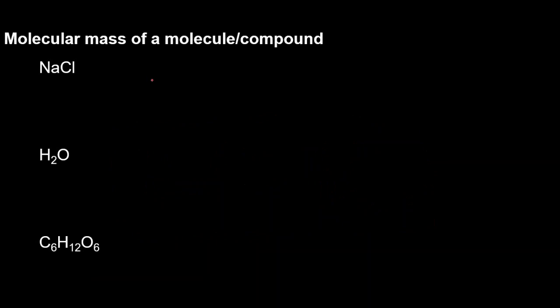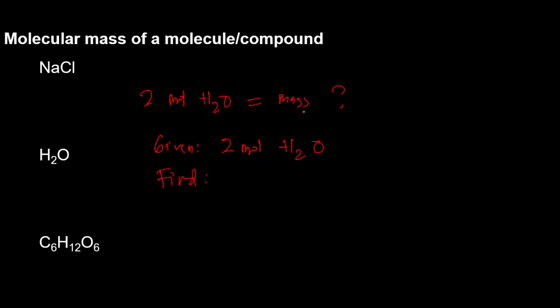Let's say we have 2 moles of H2O. What's the mass of 2 moles of H2O? The given is 2 moles of H2O, and we need to find the mass in grams of H2O.